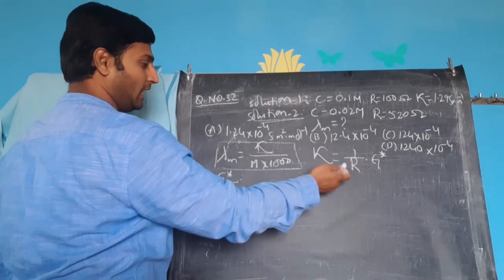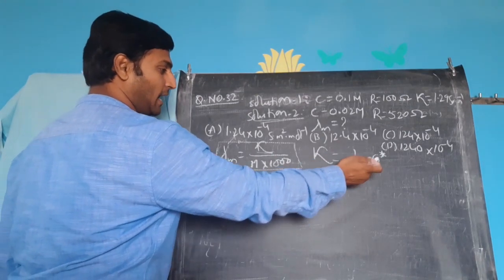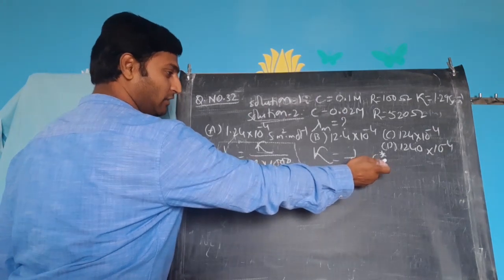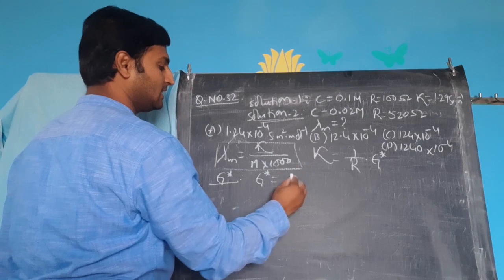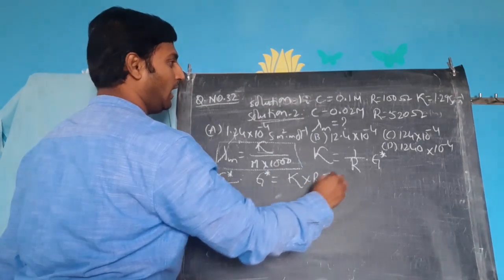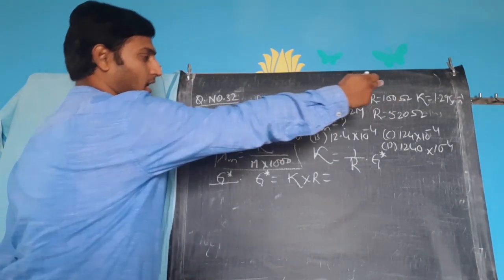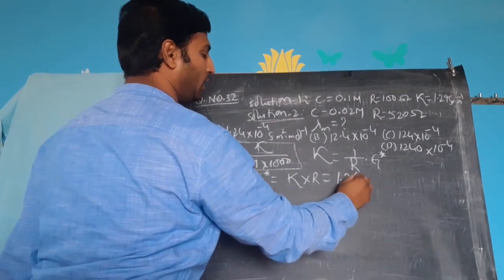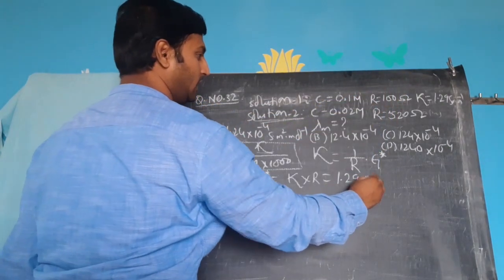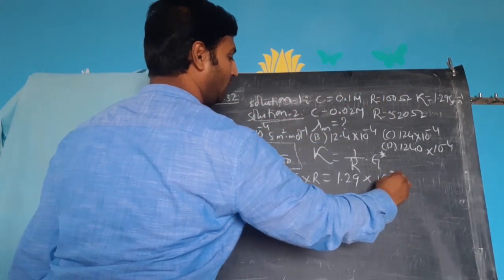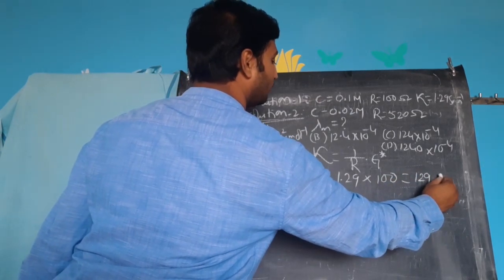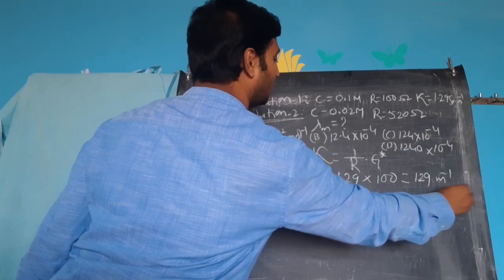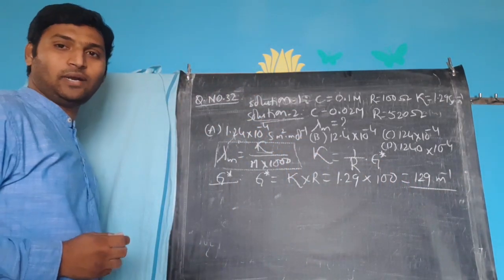As I told you already, kappa is equal to 1 by R into cell constant. Therefore, cell constant G star is equal to kappa into R. For the first solution, what is the kappa value given? 1.29 Siemens meter inverse, into what is the resistance given? 100. So, it will be 129 meter inverse.